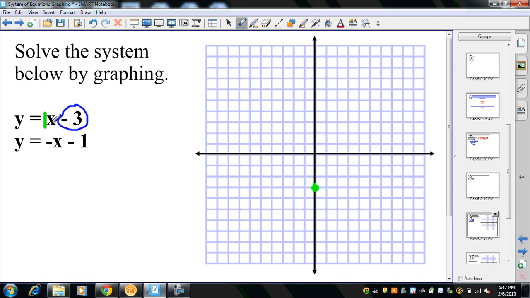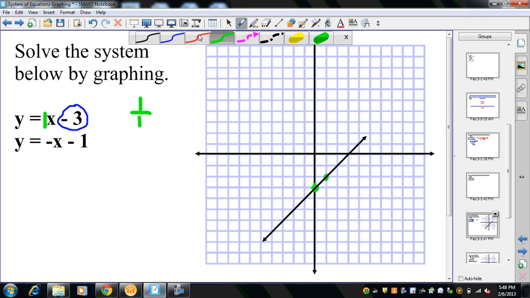There's not a number in front of the x, so that means 1. Remember, slope is rise over run, and since these are both positive, I go up 1 over 1. So I'm going to put a point right here. Now I'm going to connect the dots, and that's my first equation, y equals x minus 3.